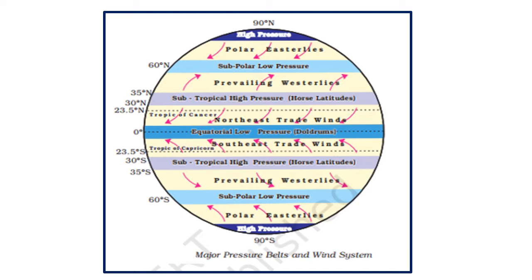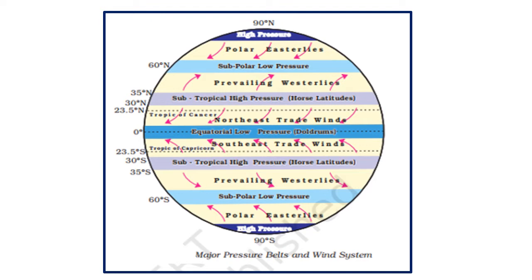Wind from polar areas moves towards the equator. From here it moves to both sides. But what happened? Let us see. From the equatorial low pressure belt, when air rises in the upper troposphere, it starts moving horizontally. In the upper troposphere, it moves towards the poles. But reaching near 30 degree latitude in both hemispheres, it gets very cold.